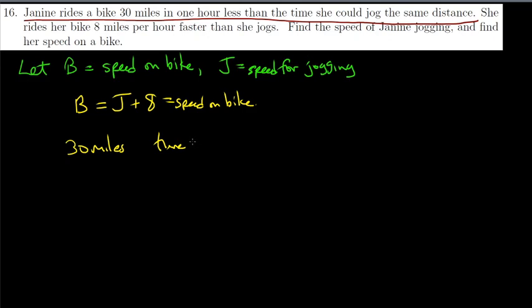So the bike time is the jog time minus 1. 1 hour less, yes, minus 1. Okay so far? Now I know this is a little confusing here. So let's call the jog time T.